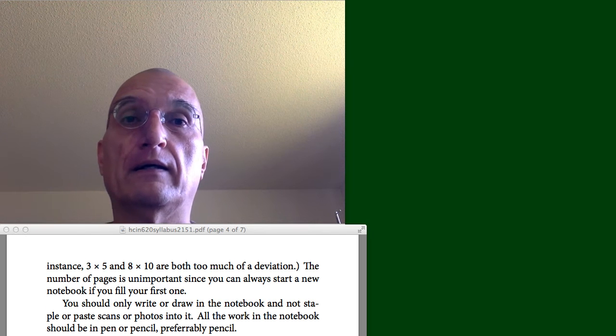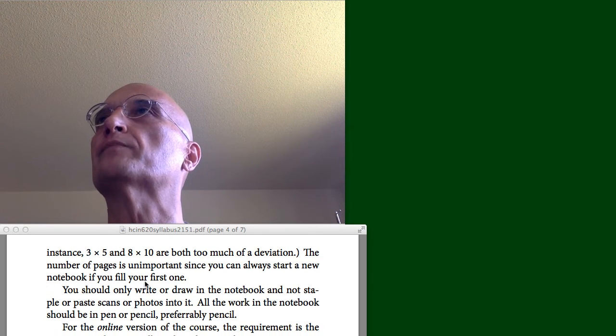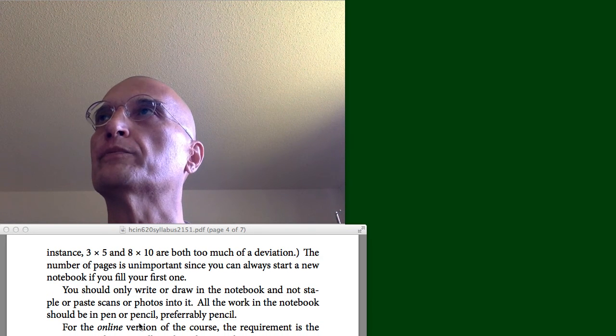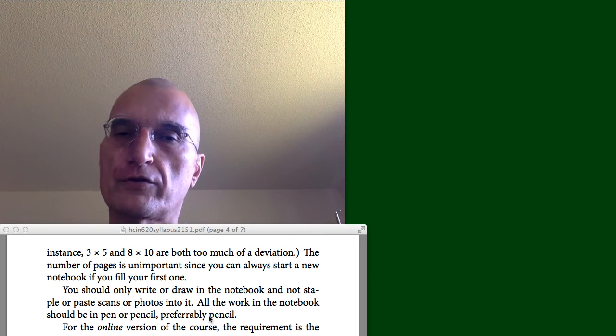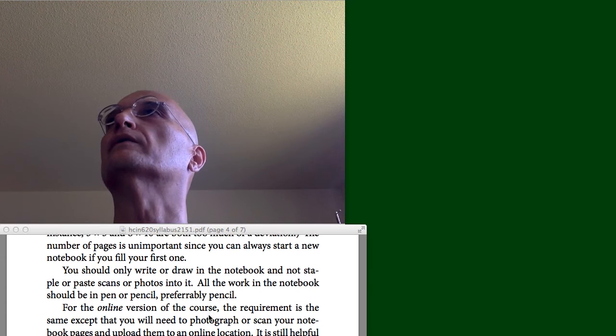It may be auxiliary to that, but it is not a substitute for being able to sketch by hand. You have to be able to sketch by hand. So all the work in the notebook should be in pen or pencil, preferably pencil. I had one student last term who used a pen, and I thought it hurt his work a lot.